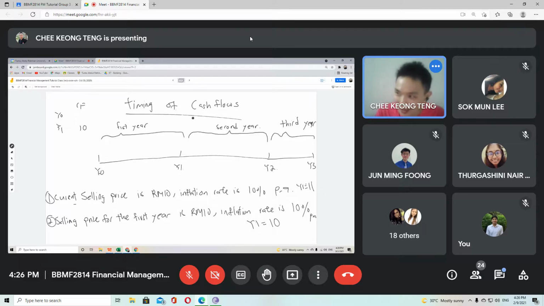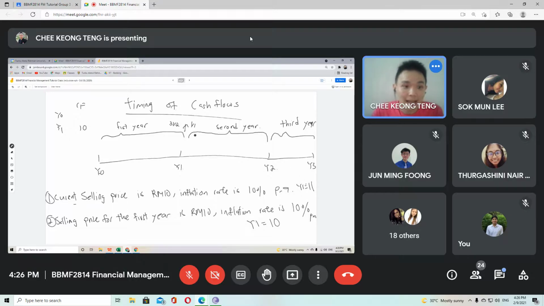Sometimes you will also see the question telling you that you will receive 10 ringgit at the beginning of the second year. So where is the beginning of the second year? It is here, at the same timing. Because the end of the first year is actually 31st of December, and the beginning of the second year is 1st of January next year. So when it comes to calculation, we consider that they are at the same timing.